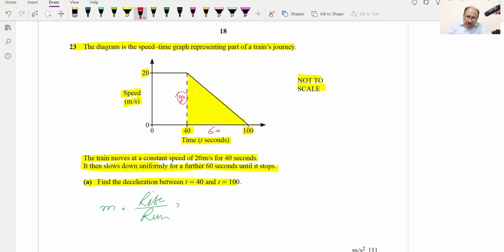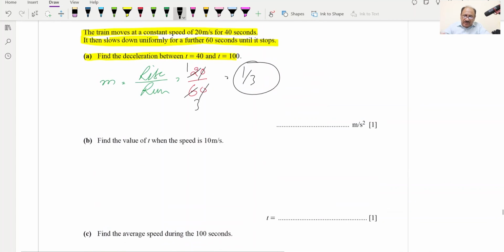So rise over run is 20 over 60, and the 0 will be cancelled, 2 1s are 2, 2 3s are 6, and it will be 1 by 3. So the gradient will be 1 by 3, or the deceleration will be 1 by 3.